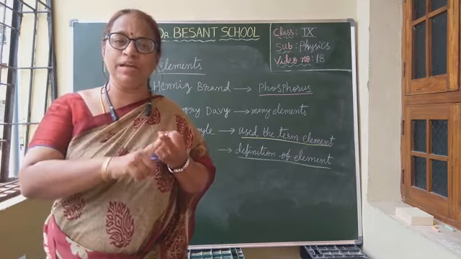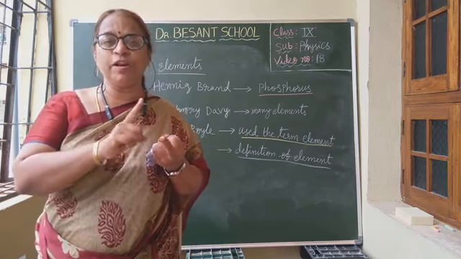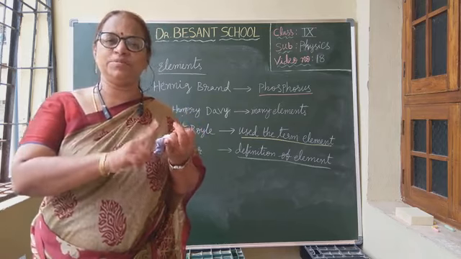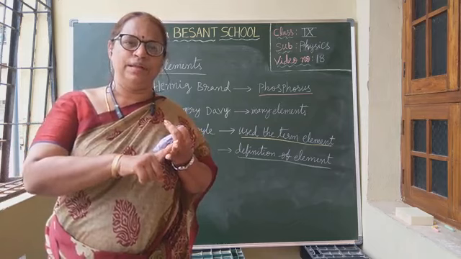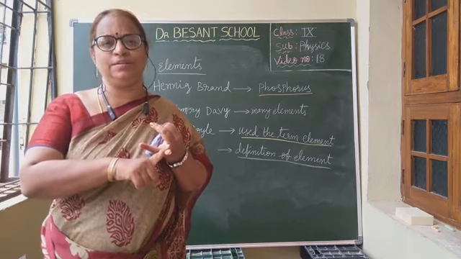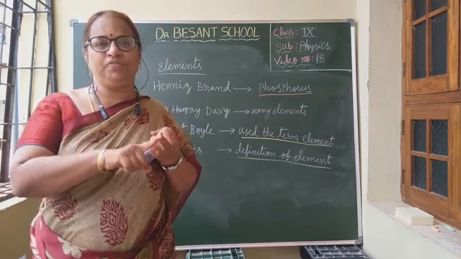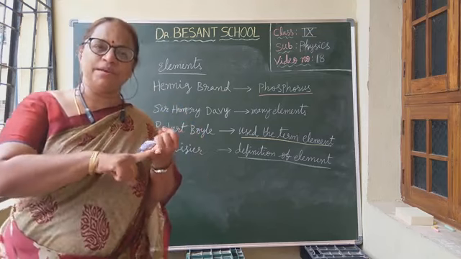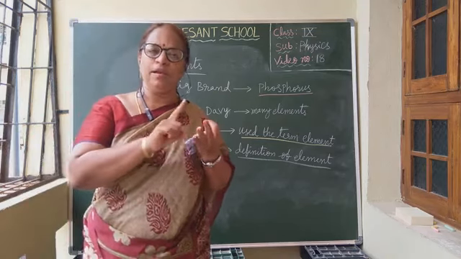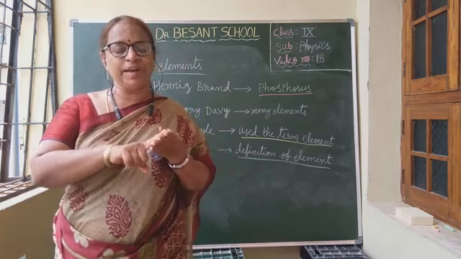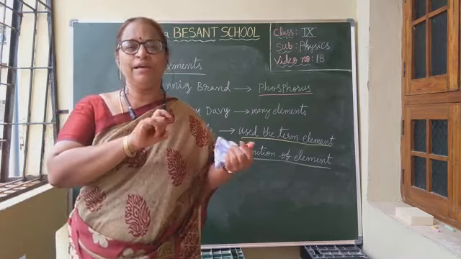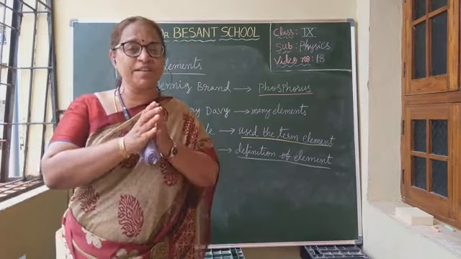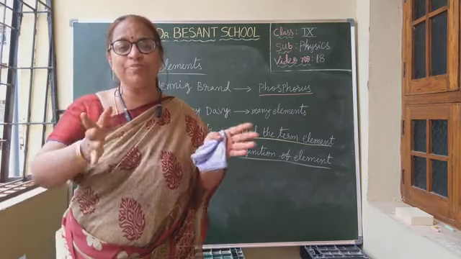And also we learnt about types of heterogeneous mixtures like suspension and colloids, and different types of colloids. Okay, and the Tyndall effect. Next, separation techniques of mixtures like sublimation, evaporation, chromatography, separating funnel, distillation, fractional distillation, separation of gases from the air.